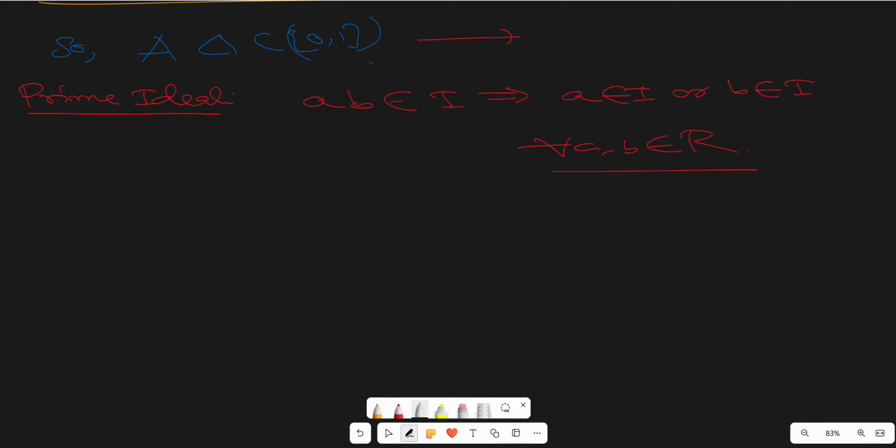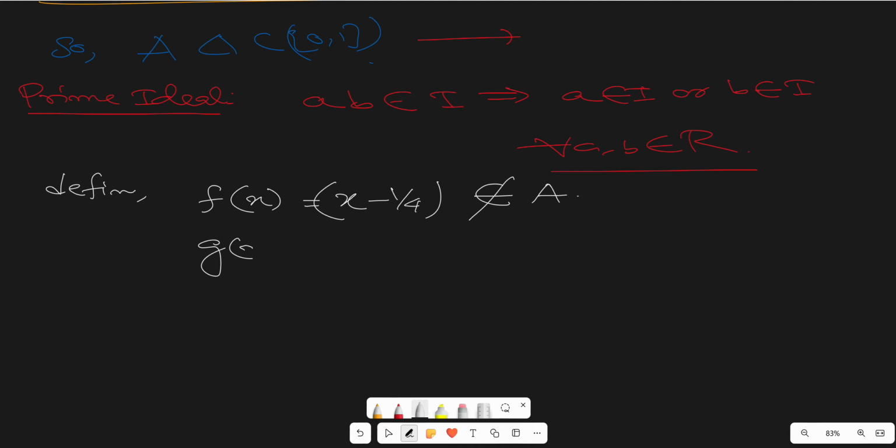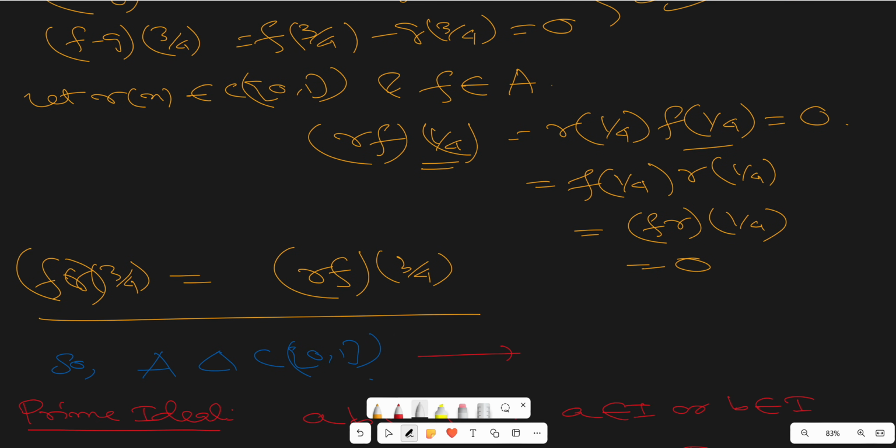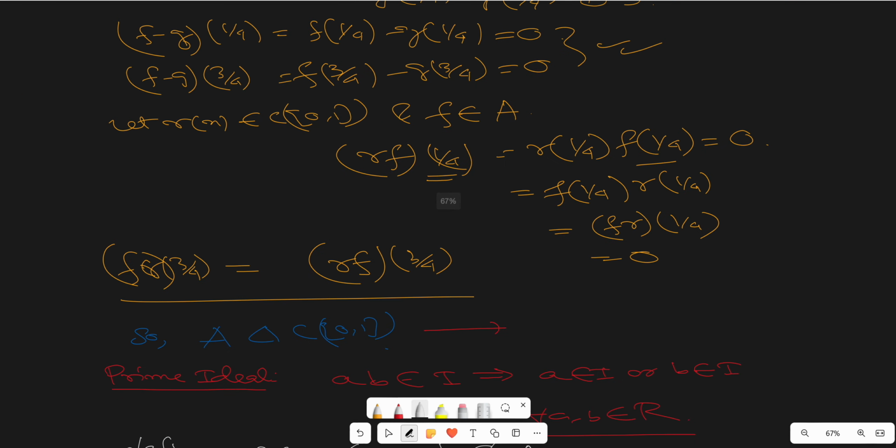So define f(x) equals x minus 1/4, which is clearly not in A, and g(x) equals x minus 3/4, which is clearly not in A. Because what is your A?